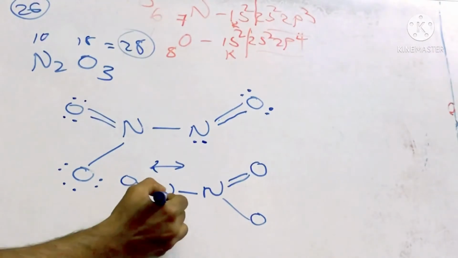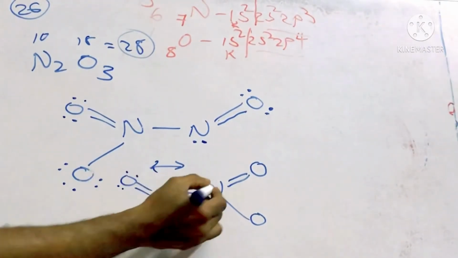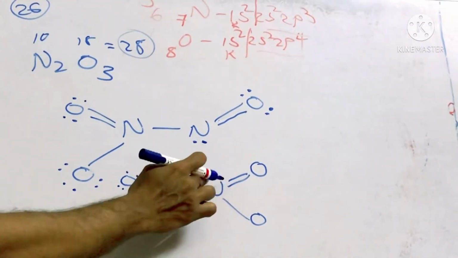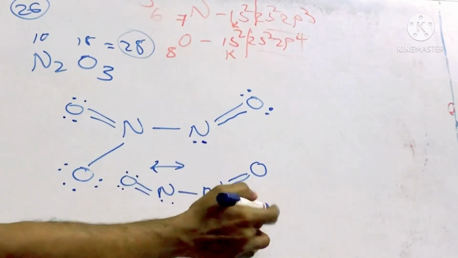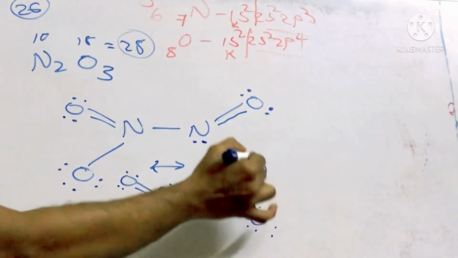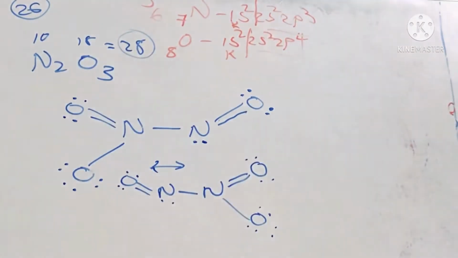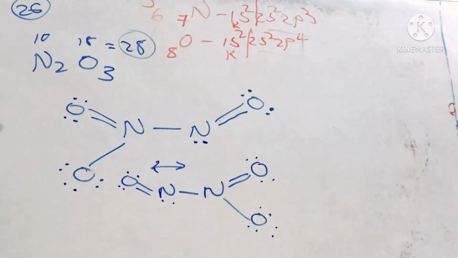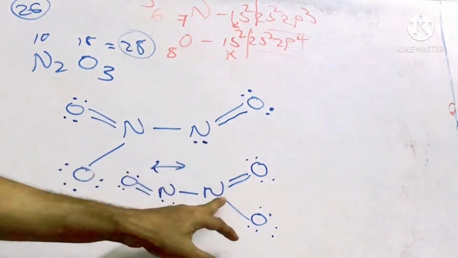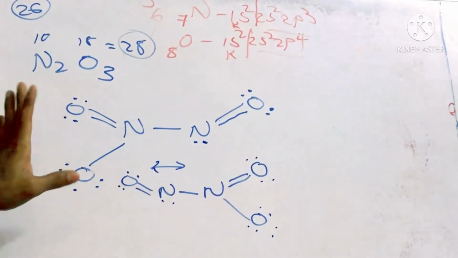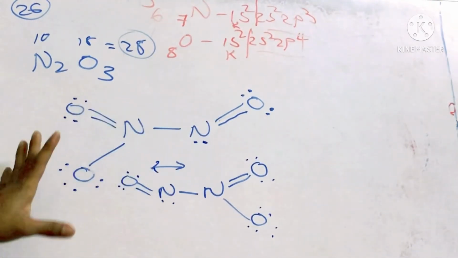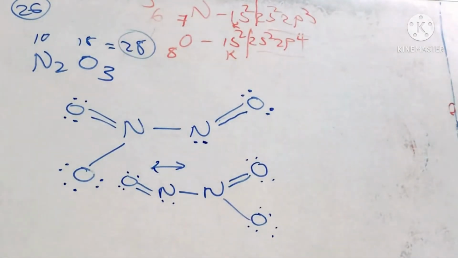You put the number of electrons the same. Next here we will not get anything because it gets a positive charge, because it has given the electrons here. So like this. This is another resonance form of the same. Just this oxygen moved towards this nitrogen. Remaining is the same. This is the way we can write the second resonance form of N2O3.